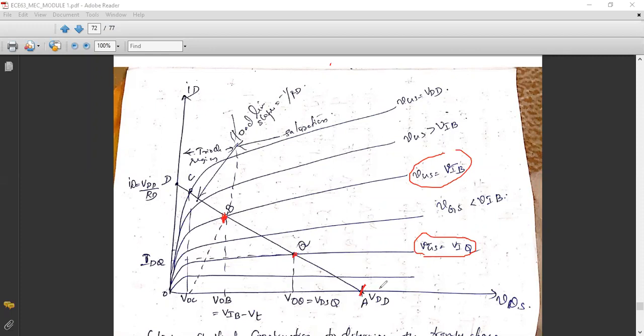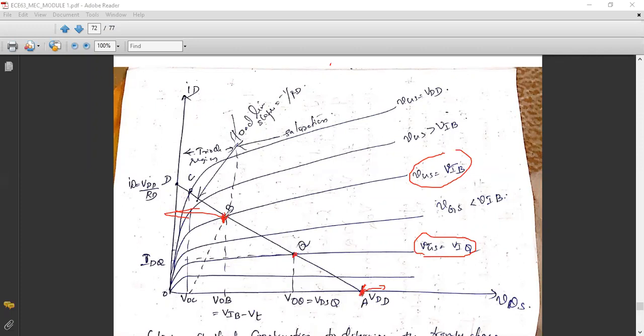This is called the cutoff point, right? And this is the extremity of your triode region. Beyond this, all this region is marked as triode region, and this is your saturation. The end of your saturation is called cutoff.